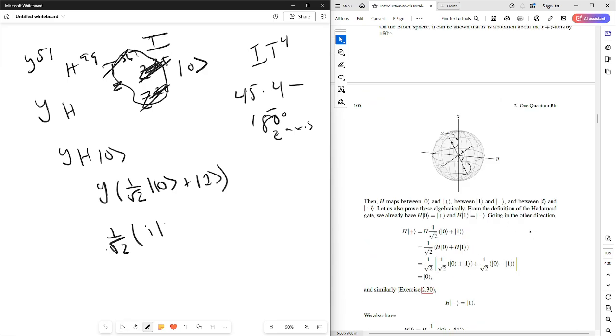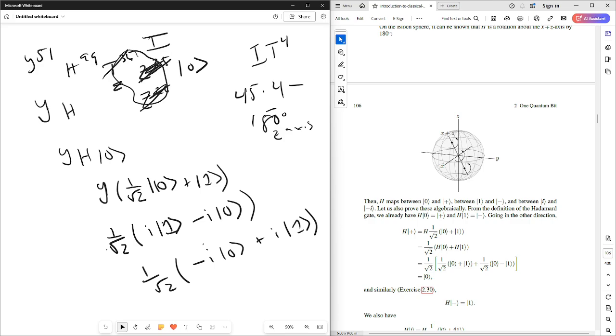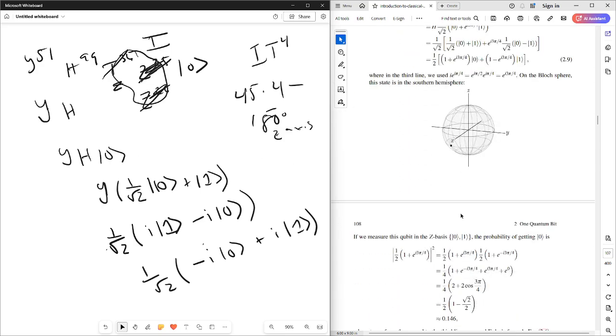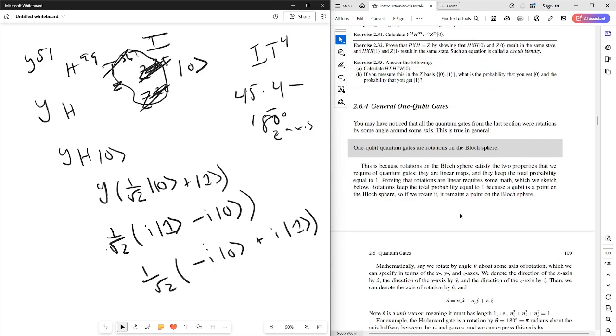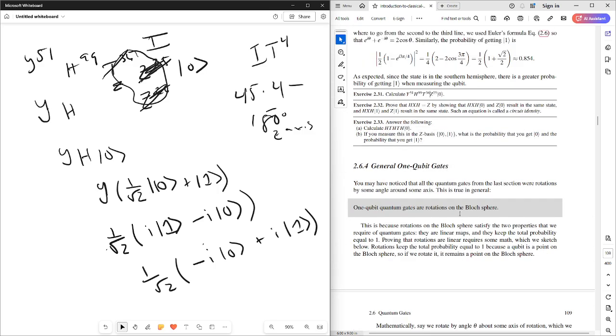And 1 becomes 0, and the amplitude is multiplied by negative i. We rewrite this for concision. Double check the answer key. That is 2.31.